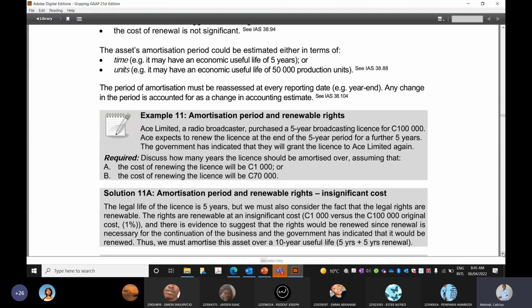The government has indicated that they will renew, and the renewal is insignificant in relation to the cost of a new license. So these are the reasons that this intangible asset must be amortized over a period of 10 years, and the useful life of this intangible asset would be 10 years.